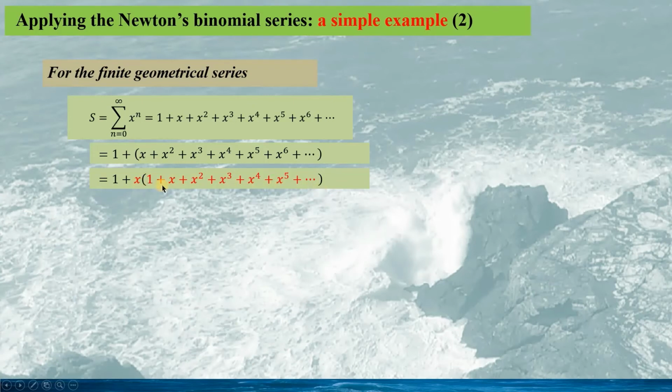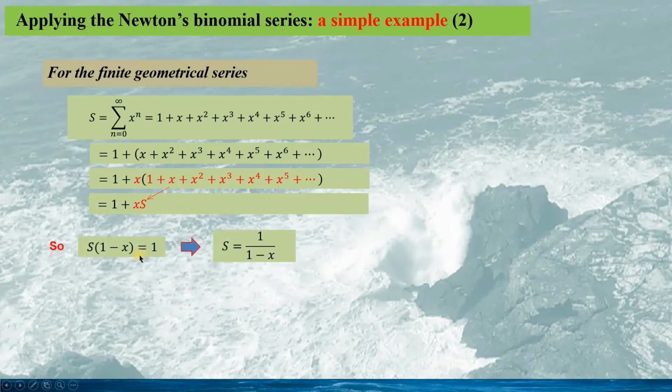So we can see in the brackets we construct a new geometric series. Therefore, if we use capital S to represent the series, we have the expression as this. So we can solve the equation and we obtain the series S given by the expression as this.